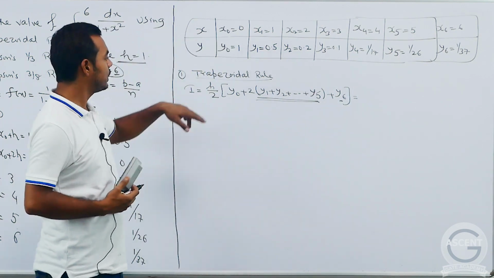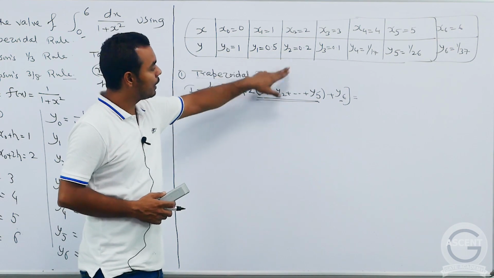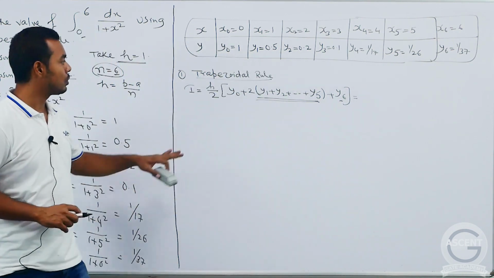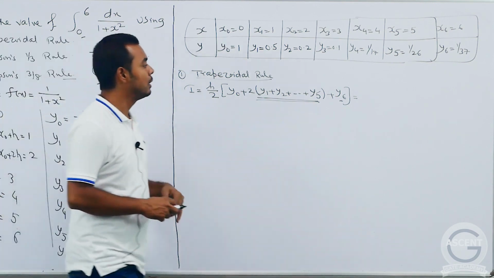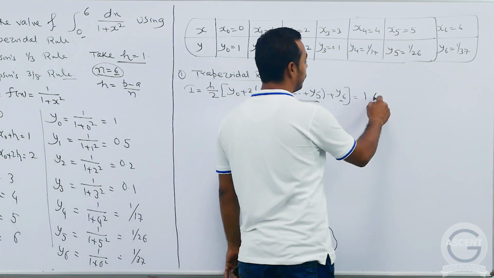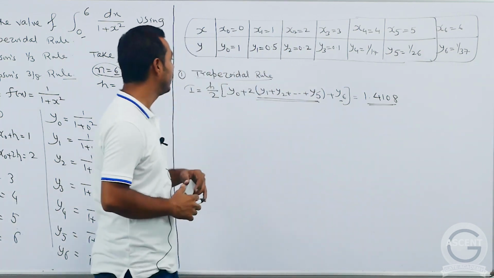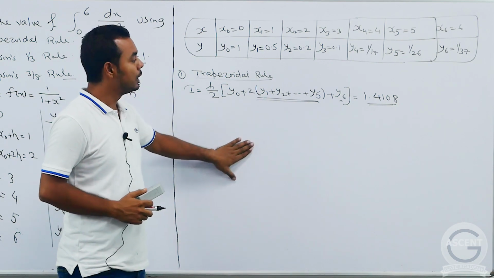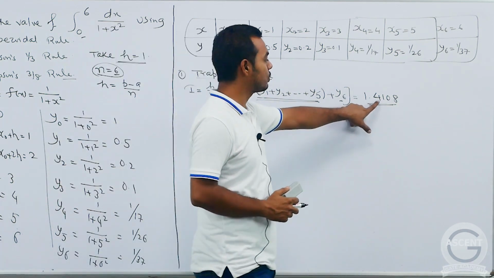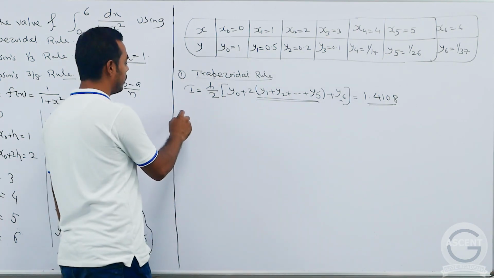Now if you substitute these numbers in place of y0, which is 1, y1 0.5, y2 0.2 and so on, then the value of integral that you are going to get is 1.4108. Okay, you can perform the calculation on your own. So this was about trapezoidal rule.